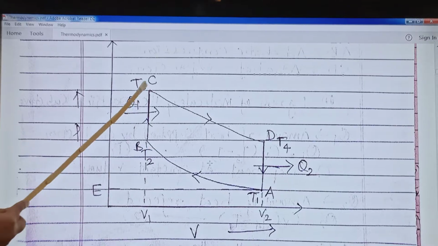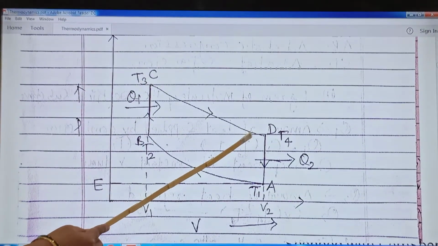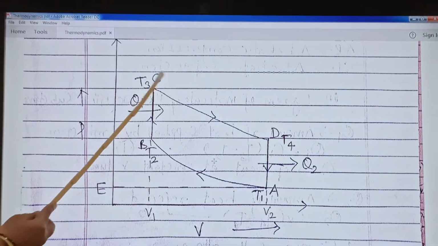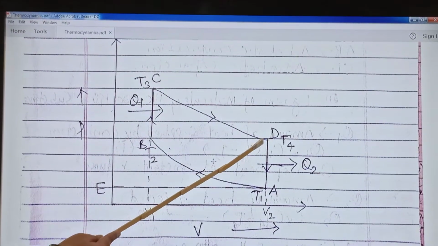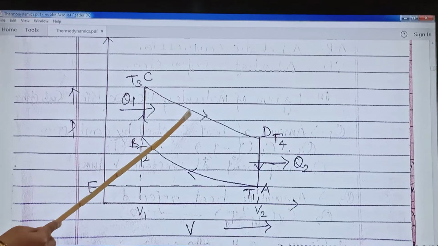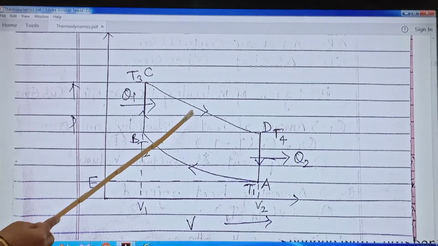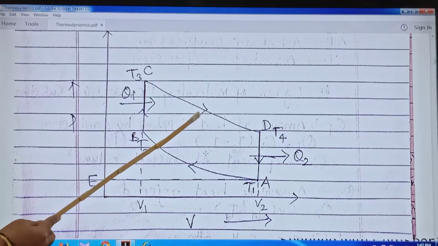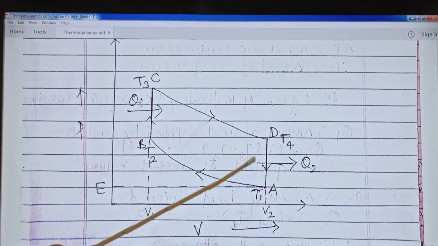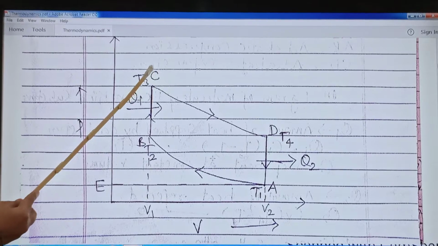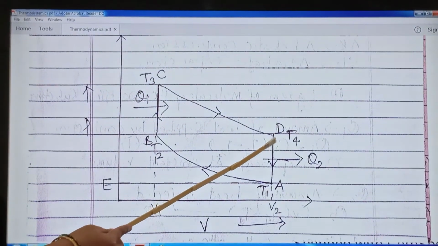The curve CD represents the working stroke, during which the gas expands adiabatically and the volume changes to V2, at which the temperature falls from T3 to T4.